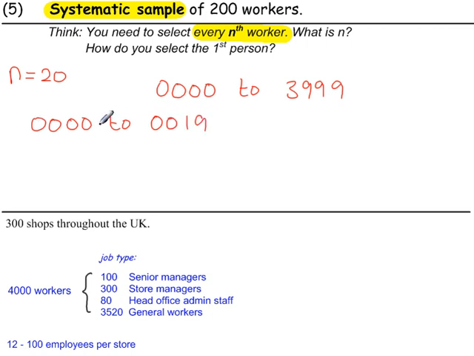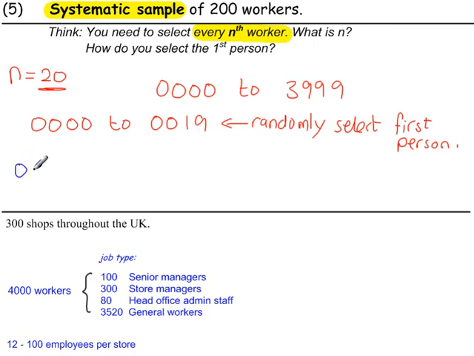There are 20 people inside this range here. So you randomly select the first person. So as an example, let's say we have randomly selected person number 8, the person who's got the number 8. So your first person is this, 0008.